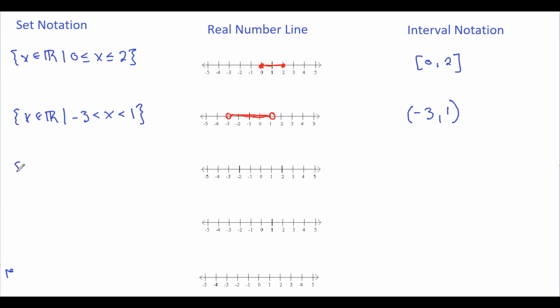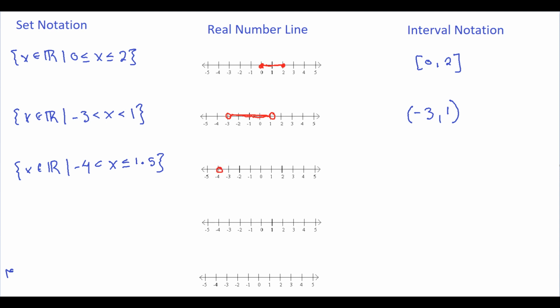Another example, so if I have X in the set of real numbers such that -4 is less than X, which is less than or equal to, let's say, 1.5. So I don't want to include -4, so I'll draw an open hole there.